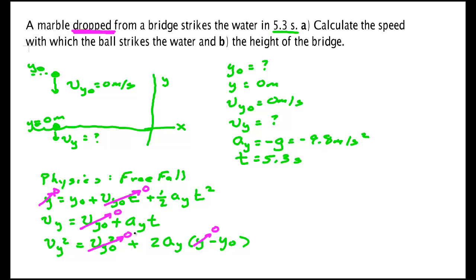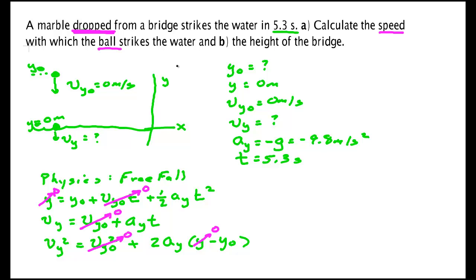There's three equations. Let's see what we're being asked. It says calculate the speed with which the ball strikes the water. So the first thing they're asking in A is to find Vy. And because they're saying speed, they only want the magnitude, so they don't care about the minus sign. It will be going in the negative direction, so it will have a negative value because it's a velocity component.